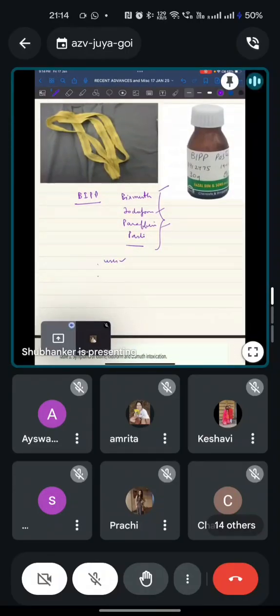Now there can be a question about what the side effects of this are. Any drug has some side effect. Allergy can also be one of your differential diagnoses if you don't know the exact answer. So allergy to bismuth, iodoform manifests as a common thing.